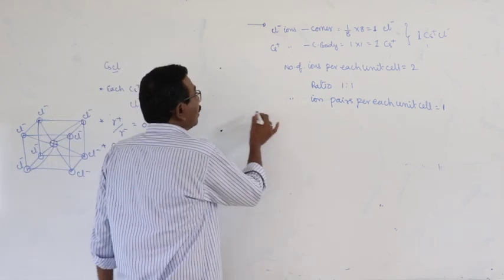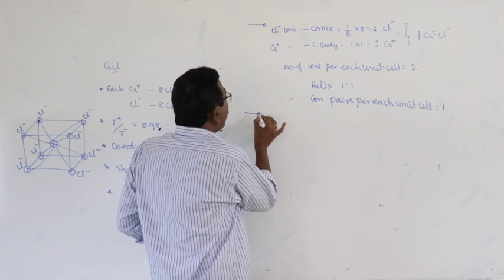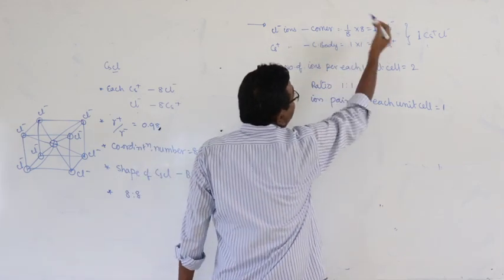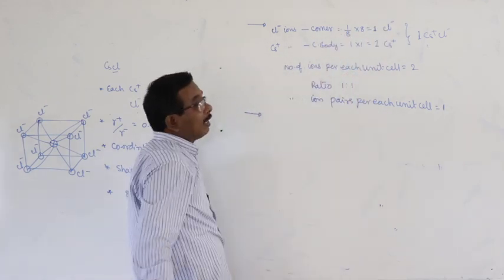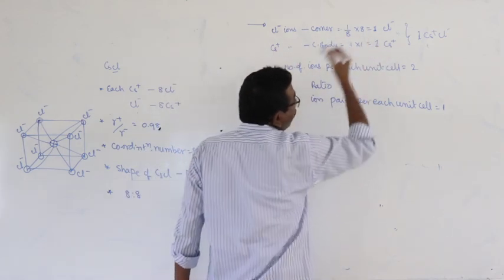And next one. Number of chloride ions present in the each unit cell of sodium chloride 1. Cs plus ions present is equal to 1.